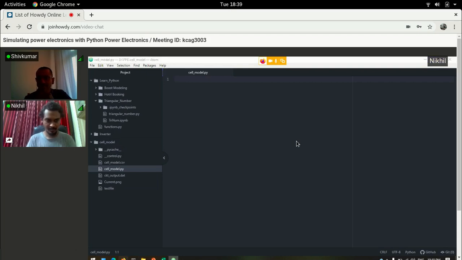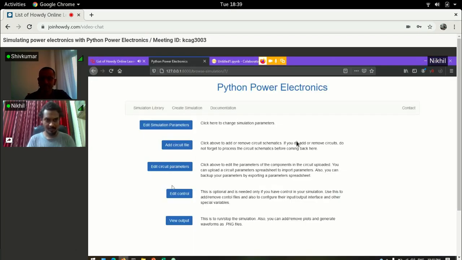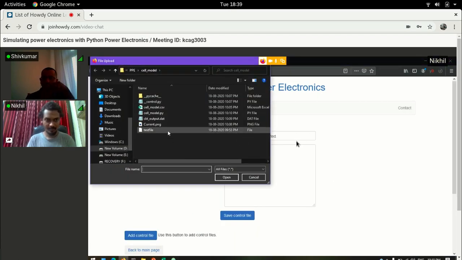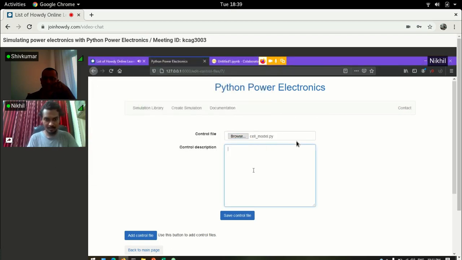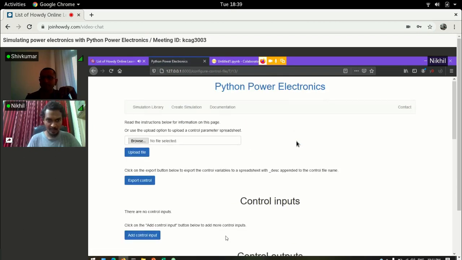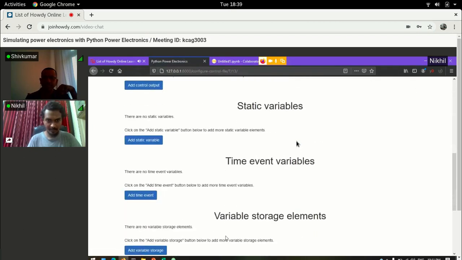We add this control file and configure it. So first one, time event variable.